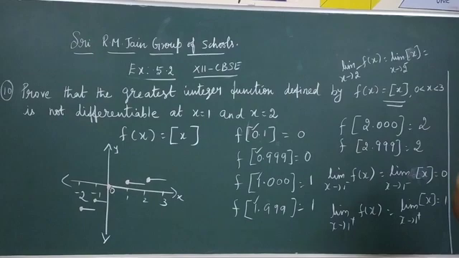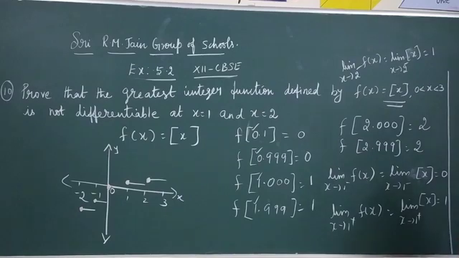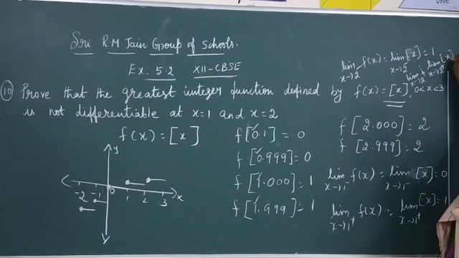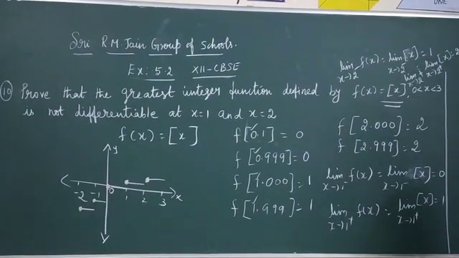If it is 2 minus, what is the value you are getting? 1. You reduce 1. So, same way, limit x tends to 2 plus, what is the value you are getting? 2. So, it is not equal.